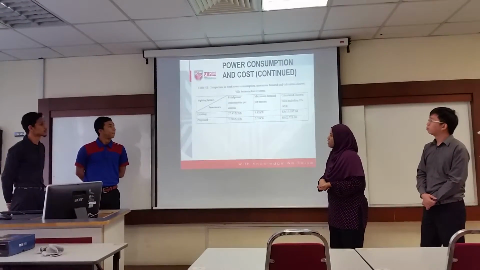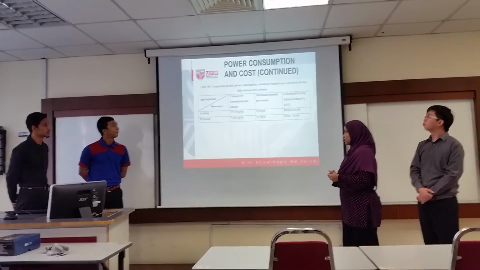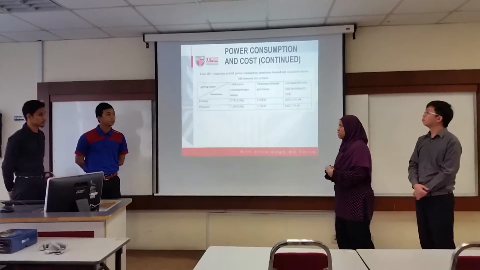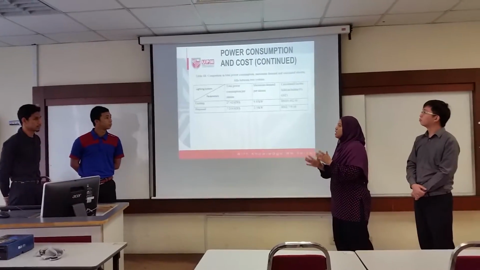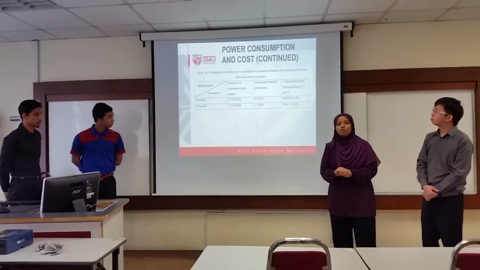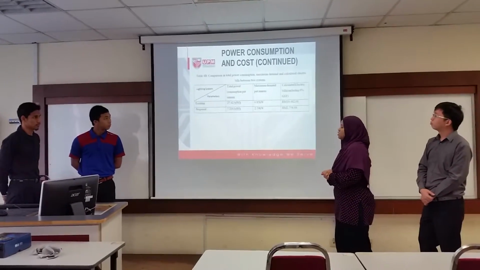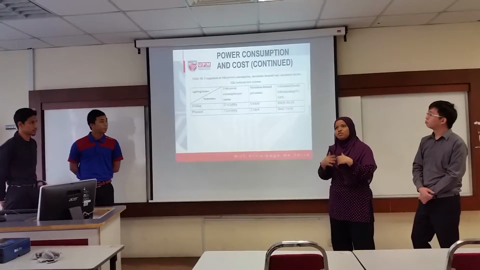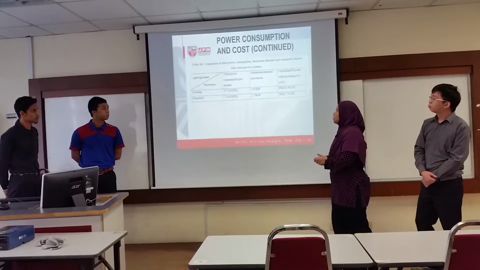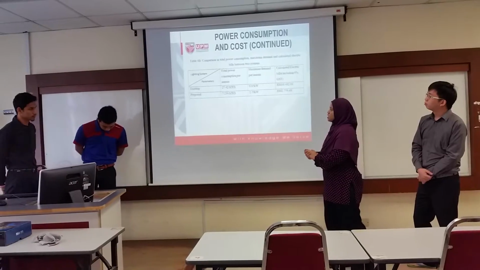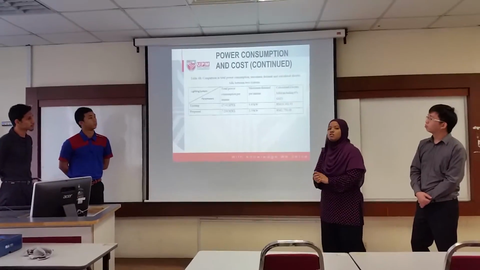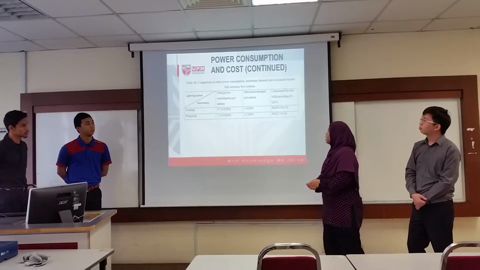For existing, we calculated 27.42 megawatt hour, while the proposed one is only 7.216 megawatt hour. So it's quite different. The difference is like 20 megawatt hour. The maximum demand is 9.85 kilowatt for existing, and the proposed one is only 2.59 kilowatt.